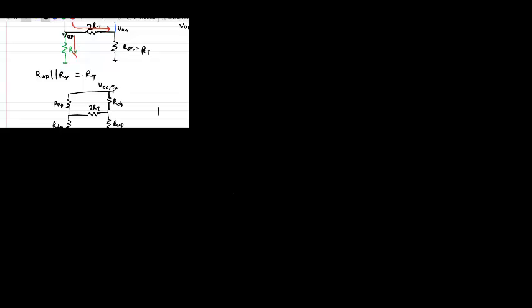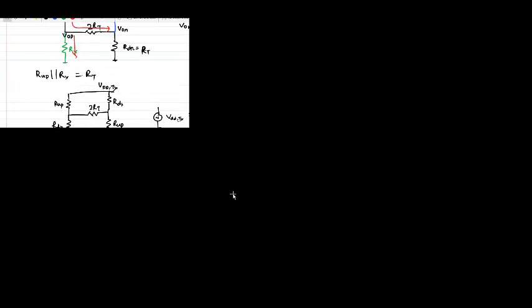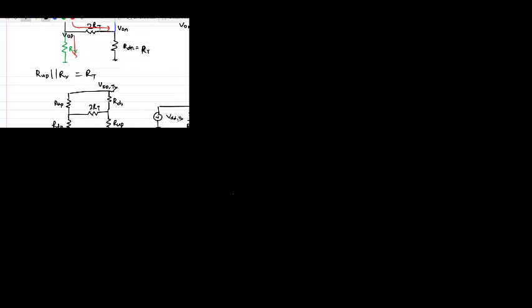And this network I can very well have, I am just writing an equivalent of that: VDD TX into R up by R up plus RD, R up parallel RD, and then you have a 2RT resistance, and then a similar thing will be from the left hand side.